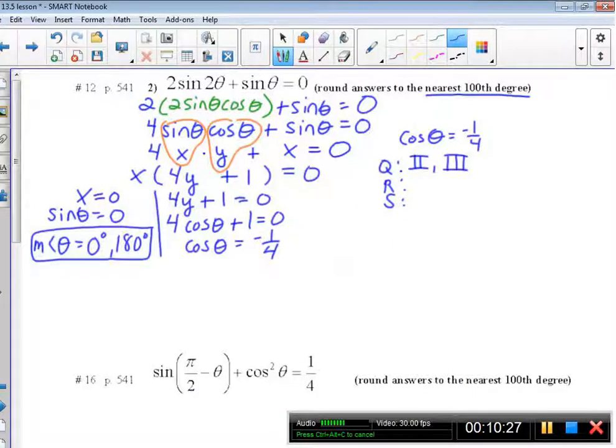So I'm going to go back. 75.52. I'm looking for where I'm negative, so I'm going to do the measure of angle theta. This one says to the nearest hundredth of a degree. So I'm going to do 180 minus the 75.52.